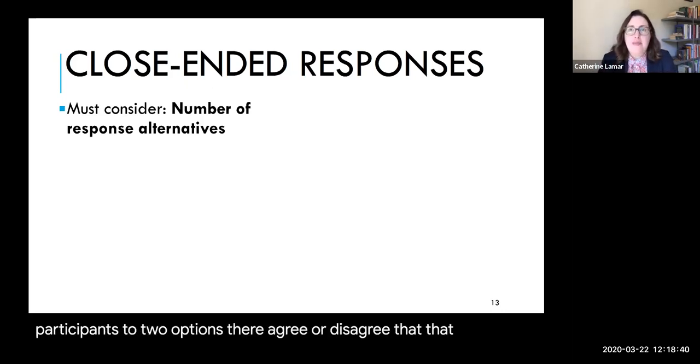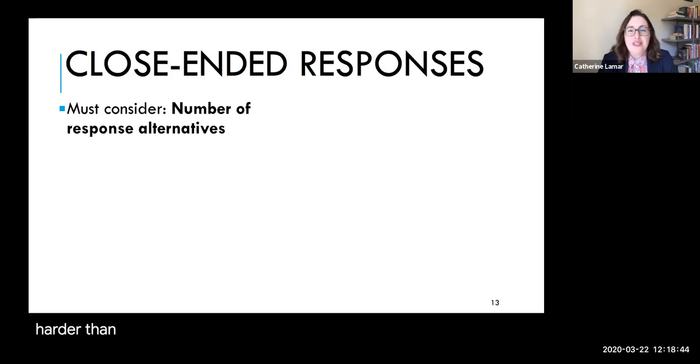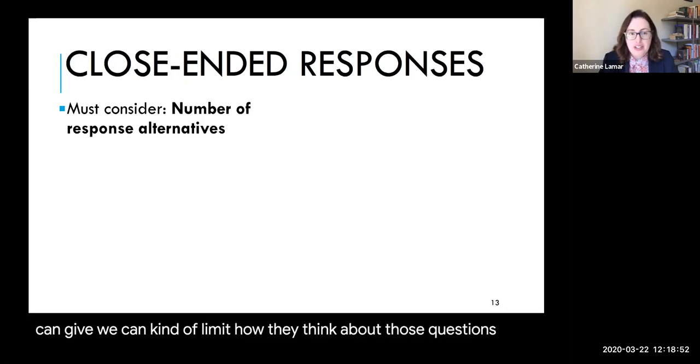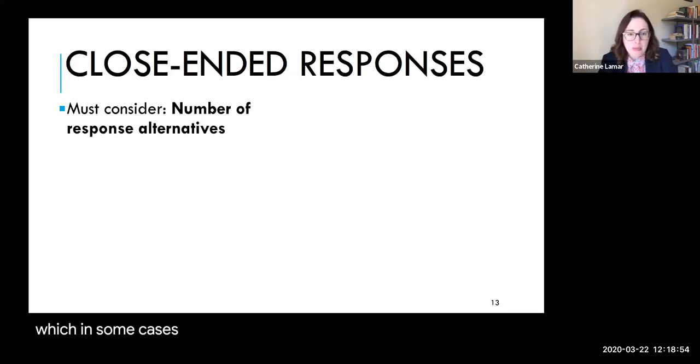If we limit the options that participants can give, we can limit how they think about those questions, which in some cases could be problematic.